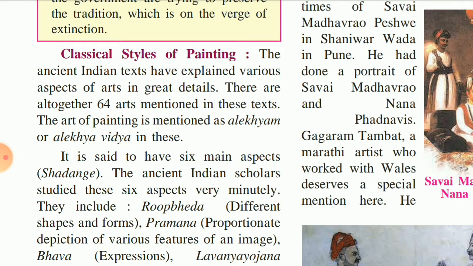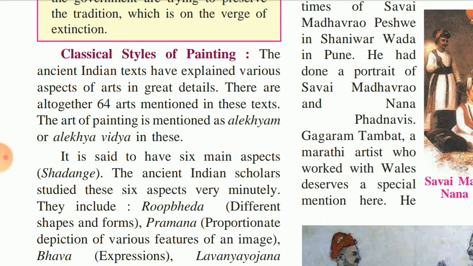The art of painting is mentioned as Alekyam or Alekya Vidya in these. So, the art of painting is considered as Alekyam or Alekya Vidya. Finally, it is the art, it is the knowledge.